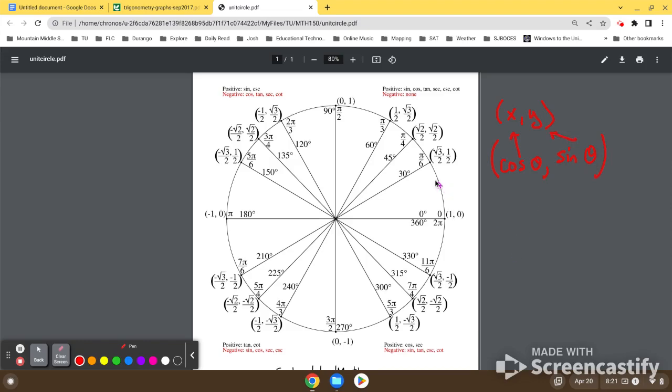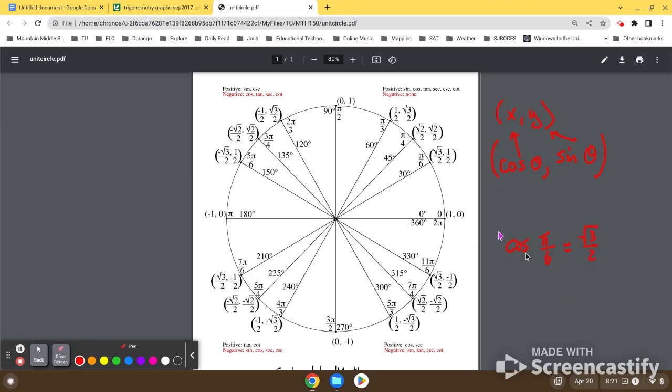For example, if I wanted to know the cosine of pi over 6, you look at this point, and the answer would be the square root of 3/2.